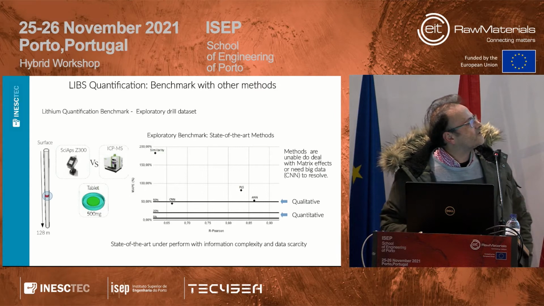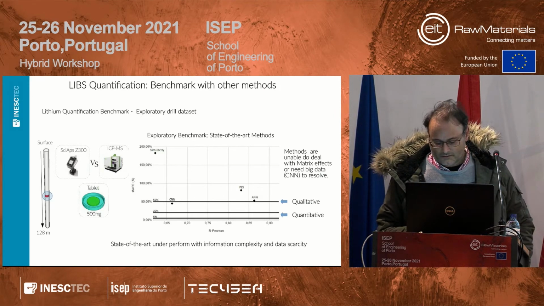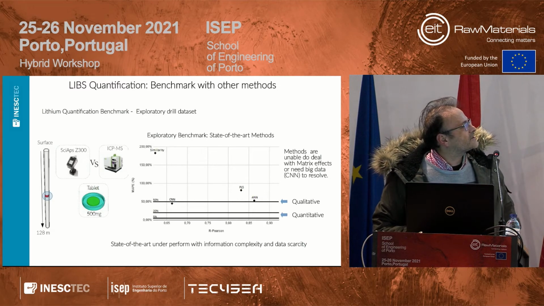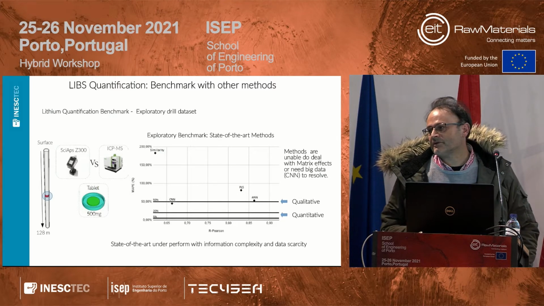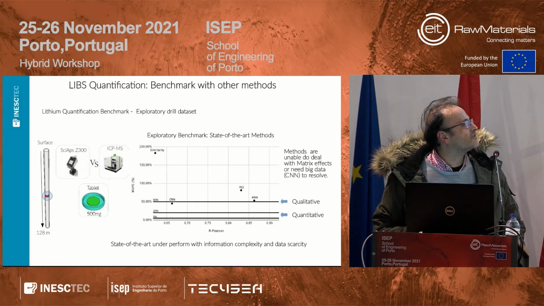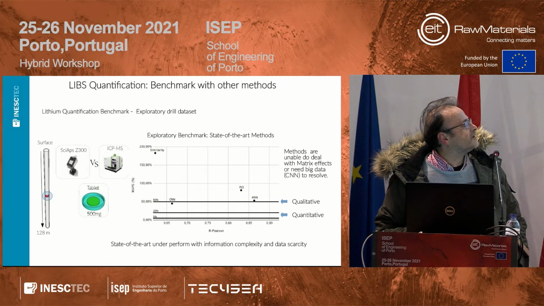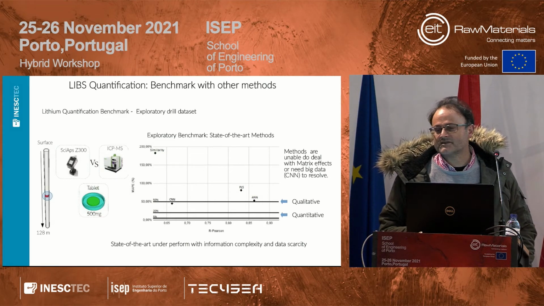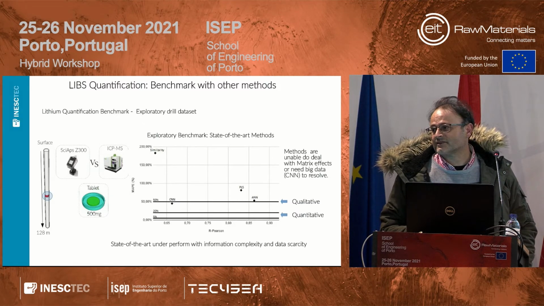Also, we tested, for example, state-of-the-art machine learning techniques and chemometrics, and you can see that for convolutional neural networks or deep learning networks or artificial neural networks, or even k-means clustering or similarity, and partial least squares, which is one of the most popular chemometrics algorithms, they perform poorly with this kind of data.